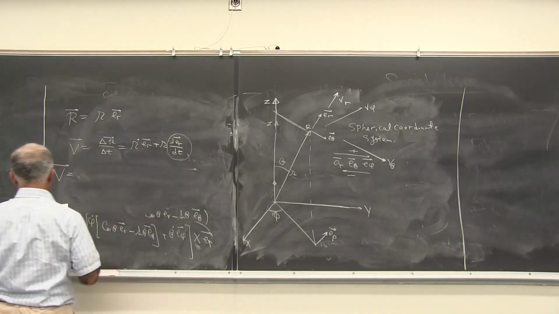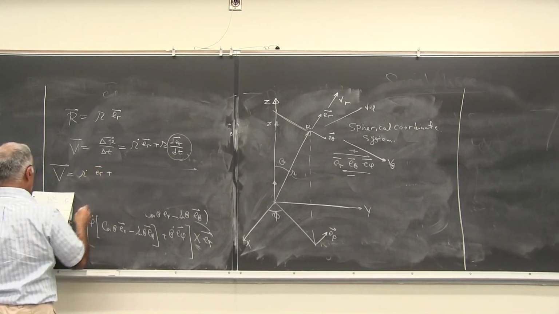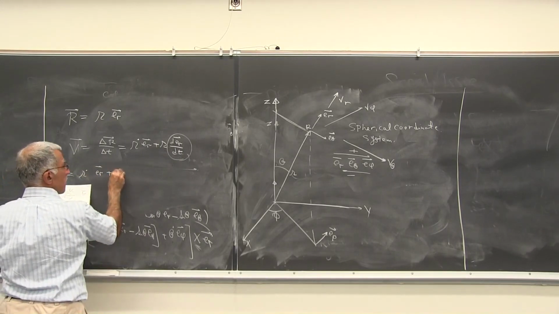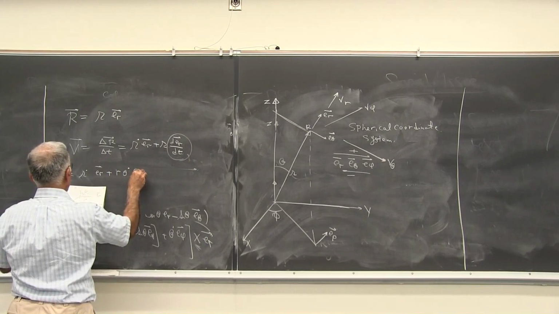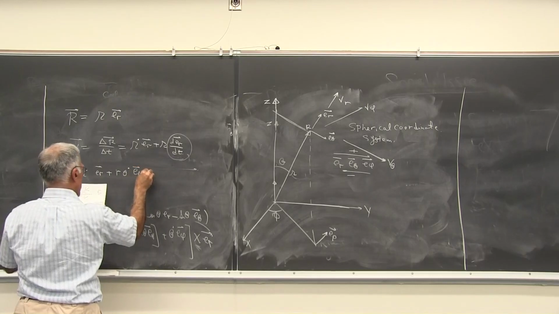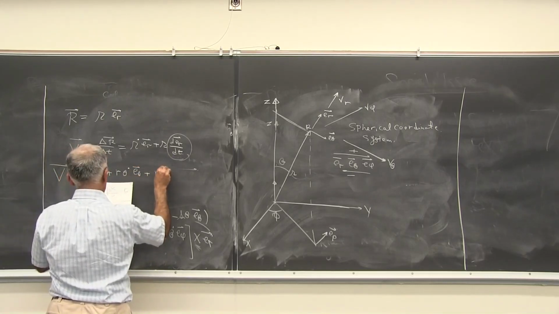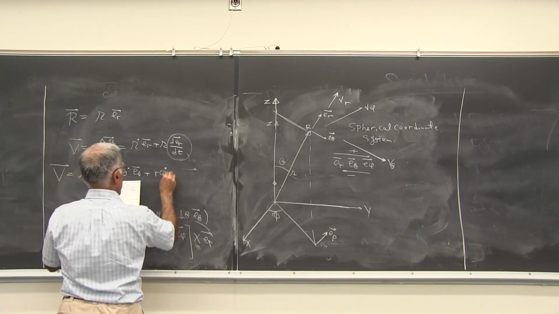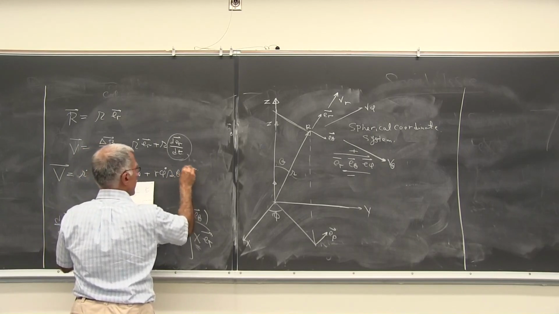Let me erase this one, so I know how to correct it. r dot ER plus r theta dot E theta, that's correct, plus r phi dot sine theta E phi.